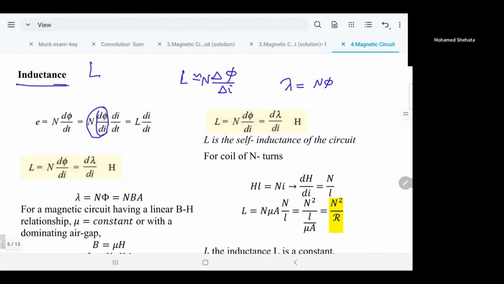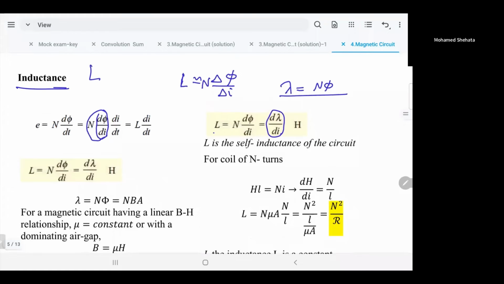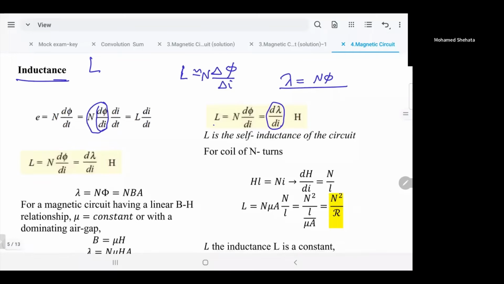So that's the total. So lambda is the linking flux, the flux linking with all the turns of the coil. So that's the definition of the inductance. You can approximate it this way. Just remember, it's just flux per current. If you wanted to design L, if you want to make L, whatever, 3 Henry, 4 Henry, 10 Henry, how do you do that?